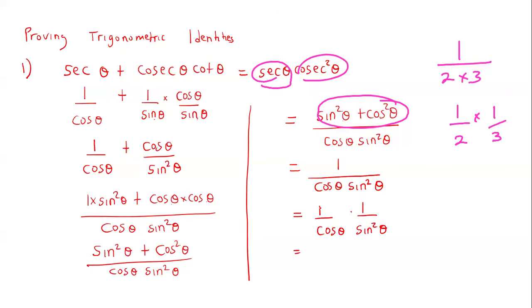Then you remember, what is 1 out of cos? 1 out of cos is sec theta. What is 1 out of sine? 1 out of sine is the same as cosec theta. But in case it is squared, it means you square as well. So 1 out of sine squared theta is the same thing as cosec squared theta. And you have proved that the left-hand side is equal to the right-hand side.